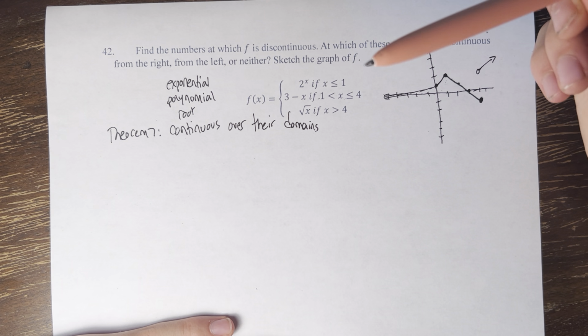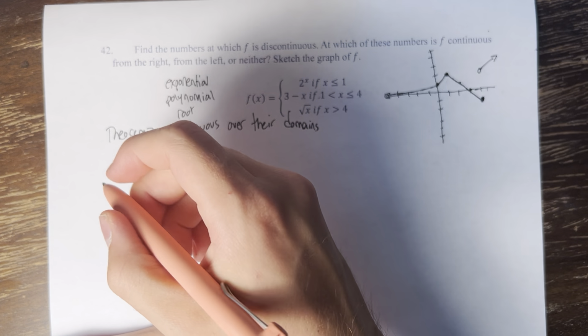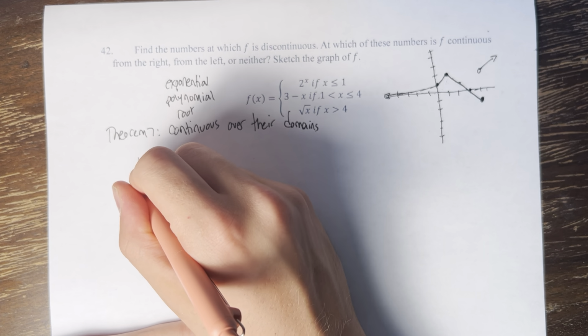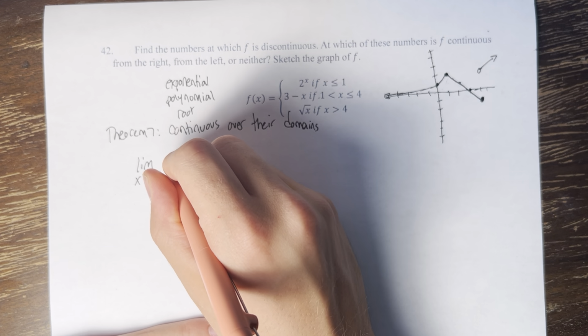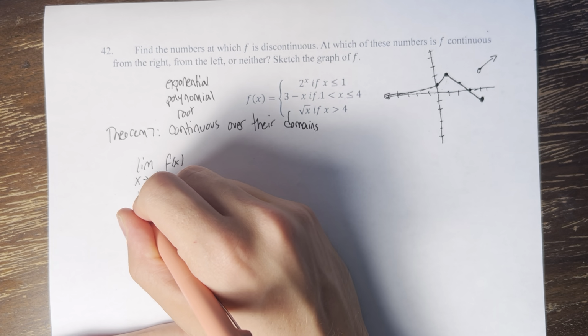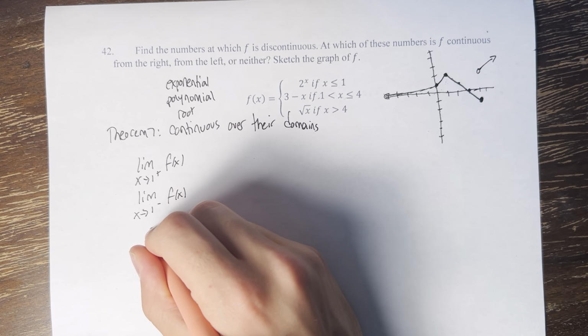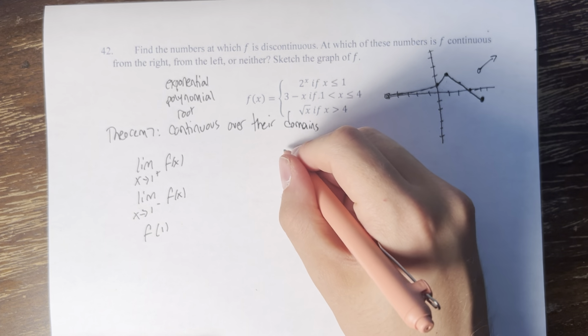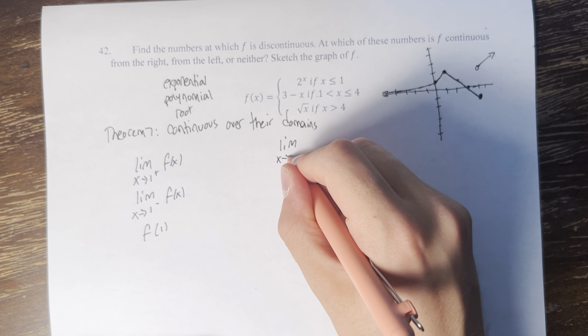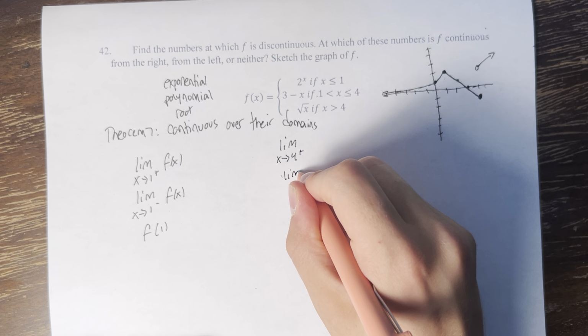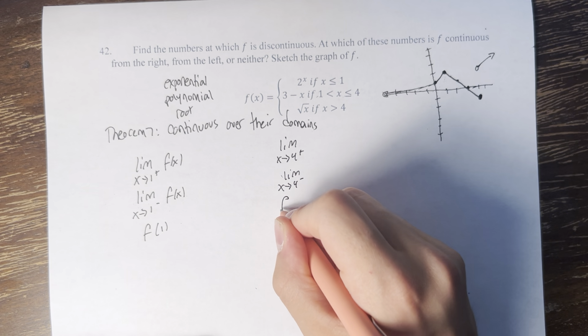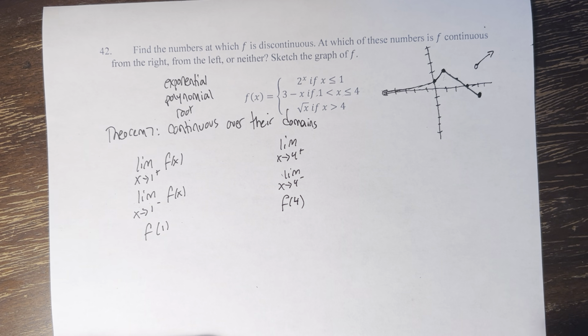So that occurs at x equal to 1 and x equal to 4. So we have to check the limit as x approaches 1 from the right of the function, the limit as x approaches 1 from the left of the function, and f of 1 itself. And then we have to do the same for 4. From the right, from the left, and the value of the function at 4 itself.